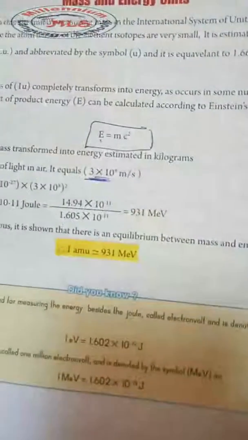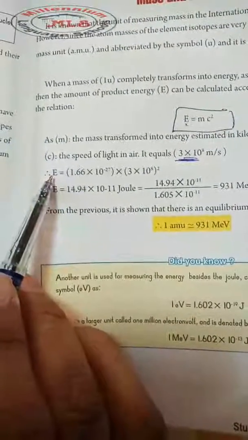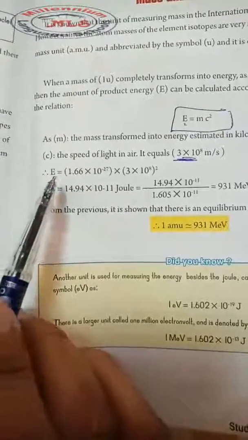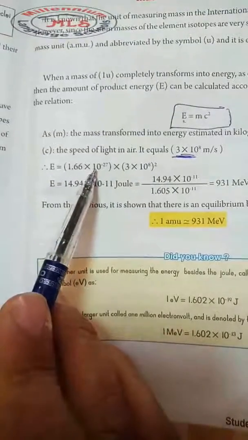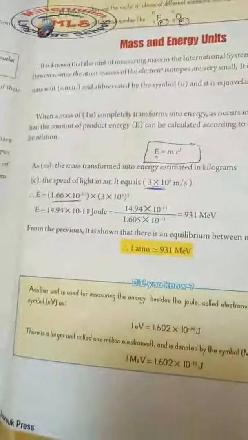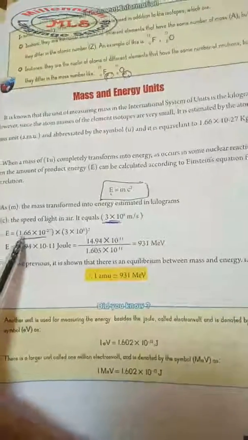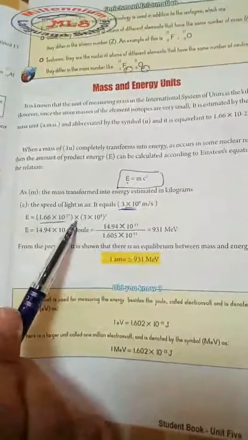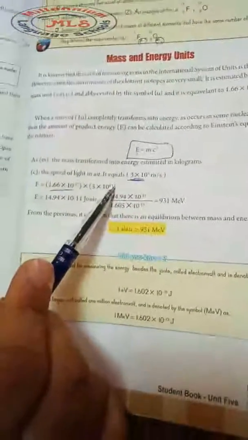So to calculate this amount of energy, you must multiply the mass times the speed of light squared. For example, can we calculate the energy resulting from the conversion of one atomic mass unit into energy? One atomic mass unit is 1.66 times 10 power minus 27 kilograms. According to Einstein, this mass must be multiplied by (3 times 10 power 8) squared.